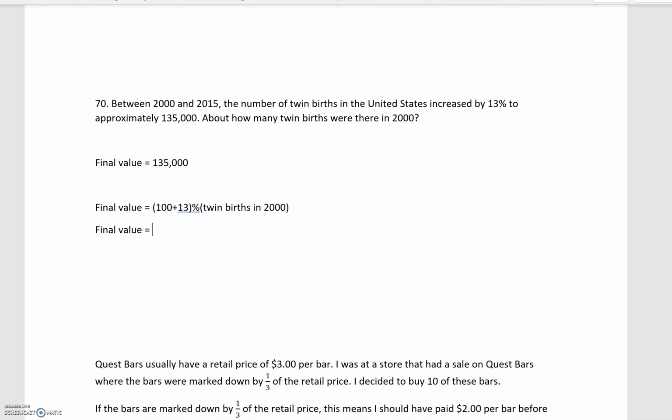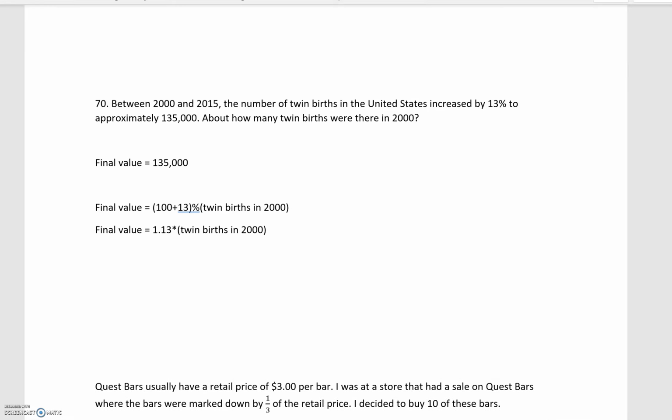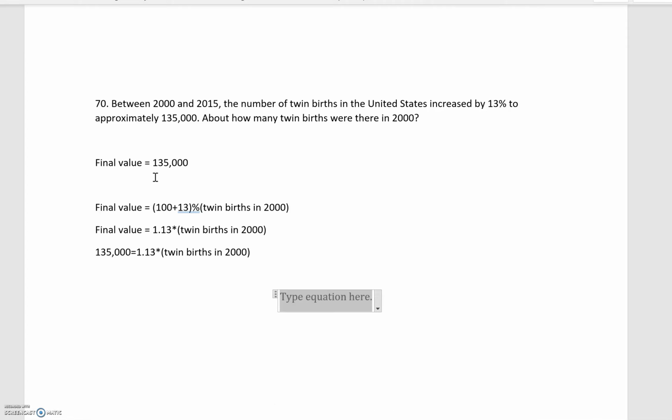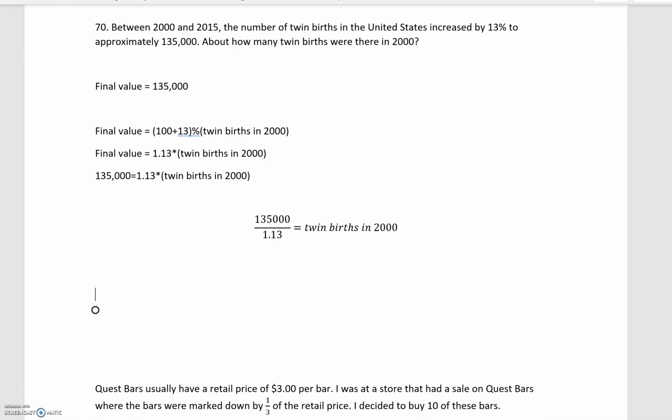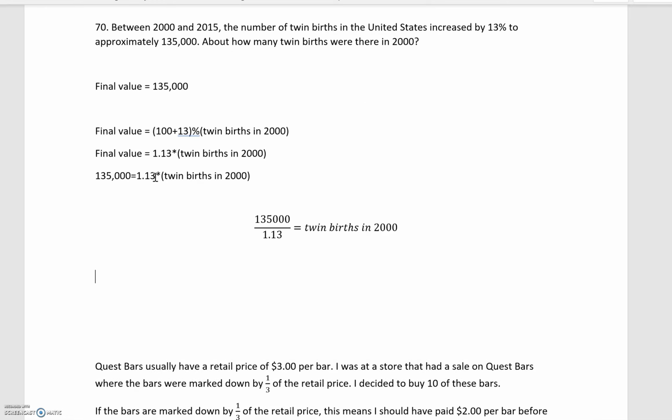So then I will write this as a decimal, plug in that final value, isolate the twin births in 2000 variable. And that's going to wrap up that problem. Now, once again, the computations, I'm just not going to do them in this video. You can just plug that into a calculator, no problem.